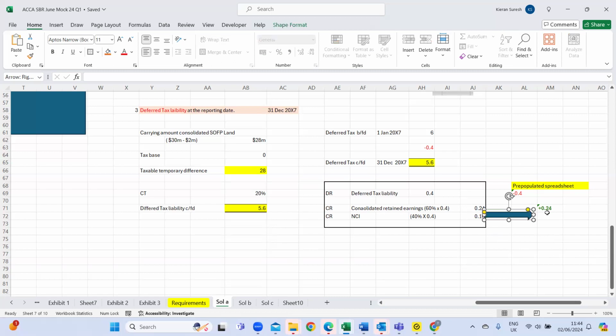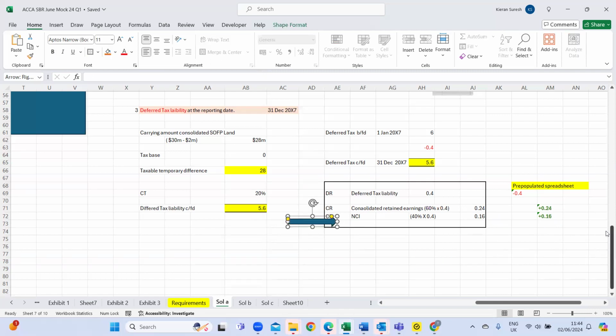At the same time, we need to increase the NCI figure. Increasing the NCI figure means that this money needs to be given to the NCI.